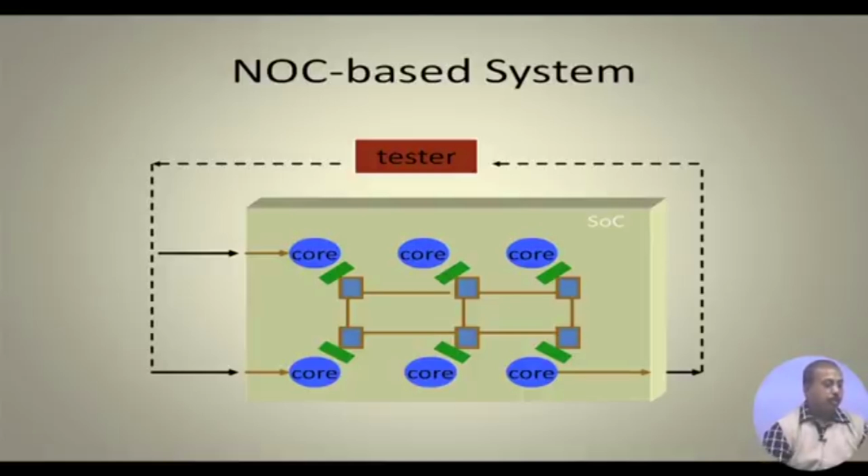So, some modification has to be done, some extra logic has to be added with the core, so that the tester can be interfaced with these cores. They are sending the patterns and these test patterns from this point will be sent to the destination using the underlying network.